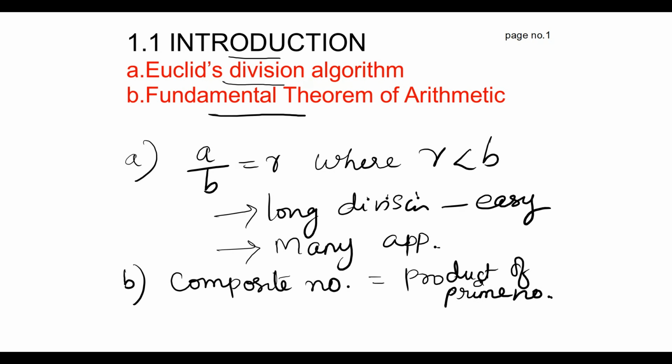Prime numbers are the numbers which are divisible by 1 and the number itself. The numbers other than the prime numbers we call composite numbers. So any composite number can be represented as the product of prime numbers. This is the fundamental theorem of arithmetic.